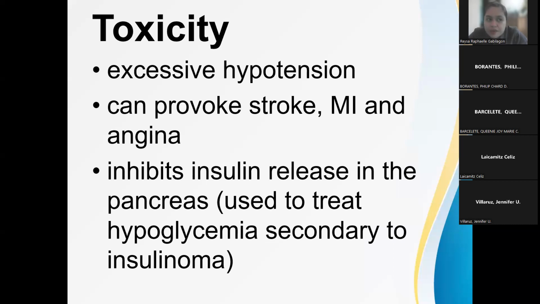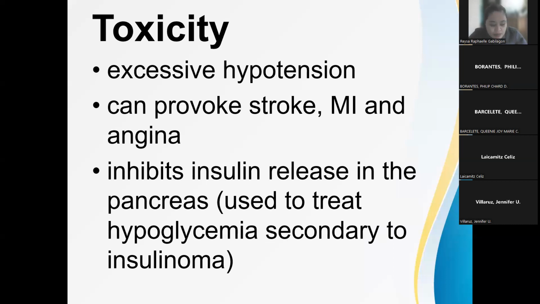And then at the same time, since this one has the same structure with the thiazide diuretics, this has the ability to inhibit insulin release from the pancreas. Okay? So, leading to hyperglycemia. If you are going to read again our slide on thiazide diuretics, you will see there that the thiazide diuretics can cause hyperglycemia.